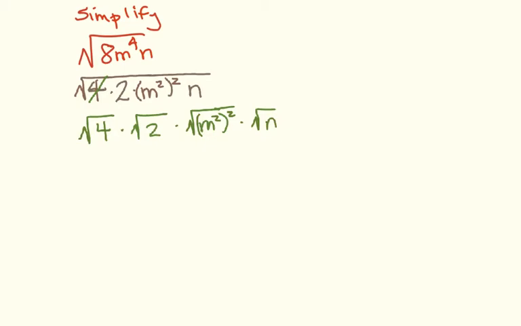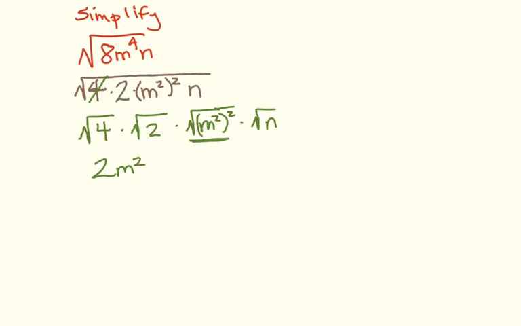The square root of 4, perfect square, is going to give us 2. The square root of m squared squared is going to give us m squared.